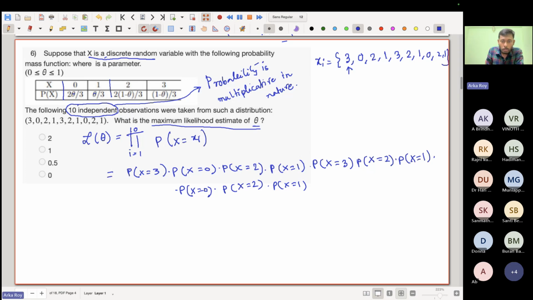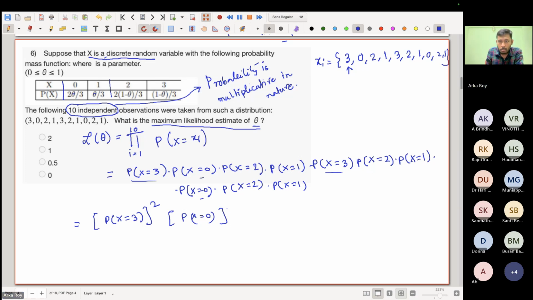So now let us see the next step. How many P of x equals 3 we are having over here: this is the first term, this is the second term. So I can write it like P of x equals 3 whole square. Then P of x equals 0 comes 1, 2, 2 times.